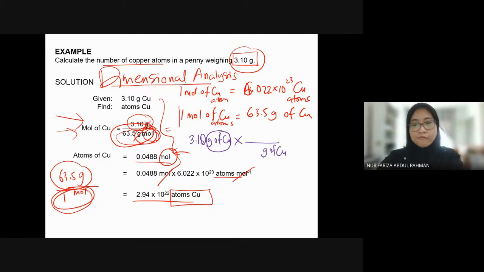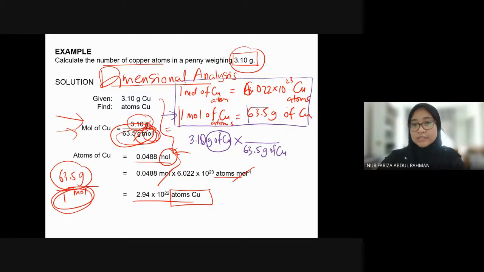So from the conversion factor, the relationships that we have here, look for values indicating gram. So we have this, the second relationship. We want the gram of copper, so it should be the molar mass, 63.5 gram of copper.